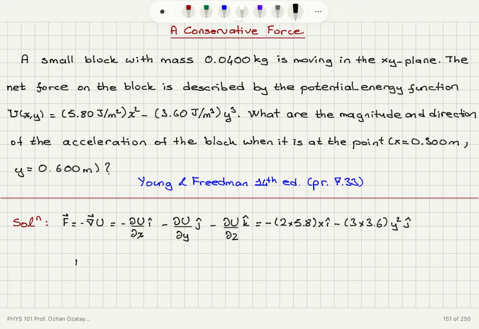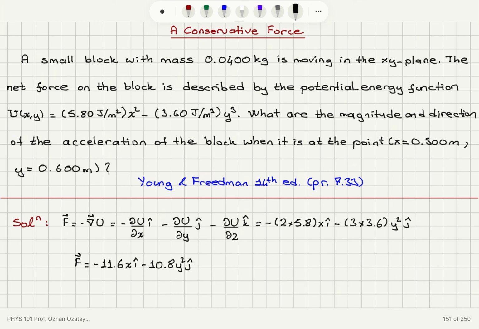Therefore, we find that the force is minus 11.6x i hat minus 10.8y² j hat.